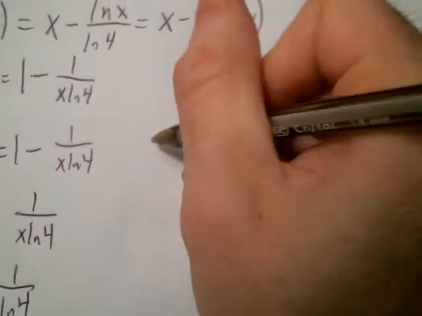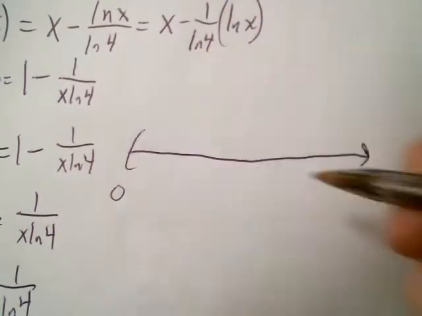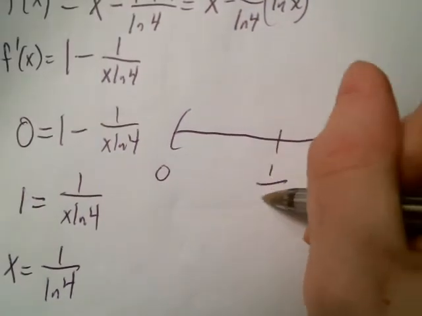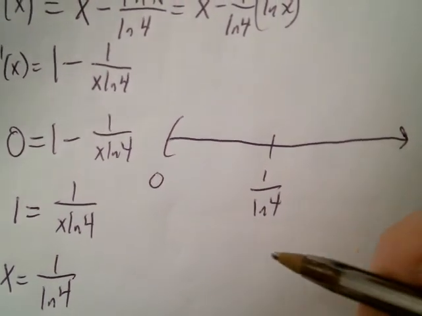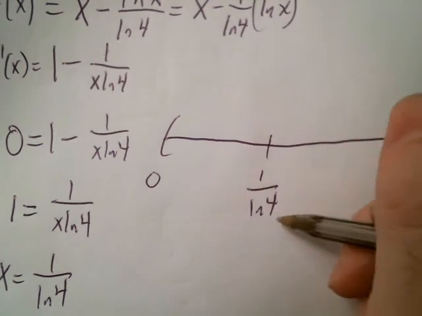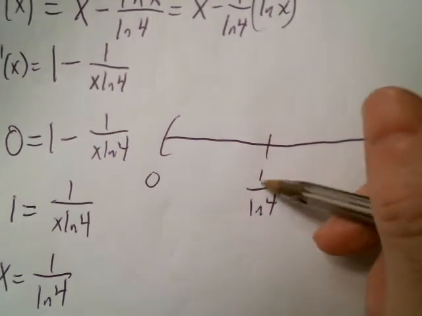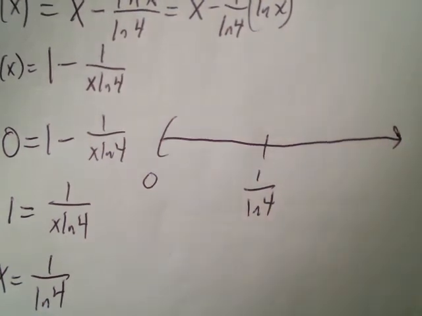Okay. Right, so I come over here to my number line. I'm going from 0 to infinity. I'm going to mark 1 over ln 4. And I think your question again is on the simplification of the extrema. So just very quickly then, I'm going to presume this is an extreme value. I don't know if it's a max or a min.